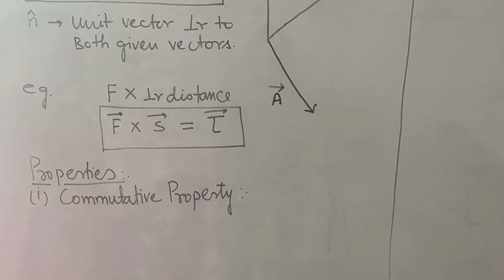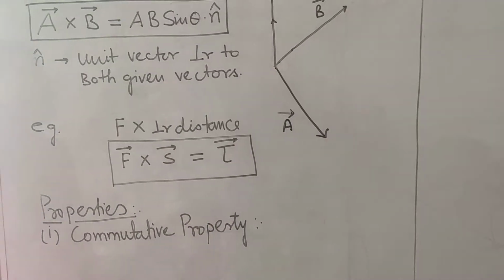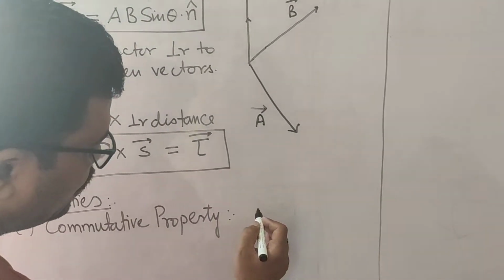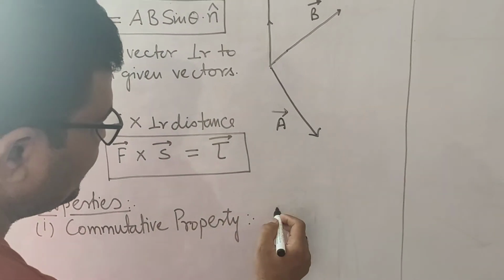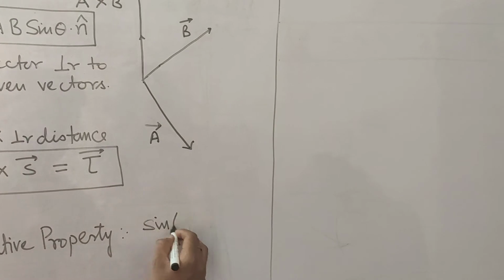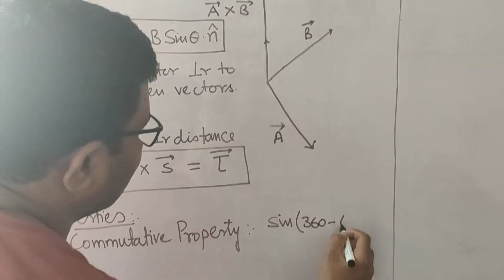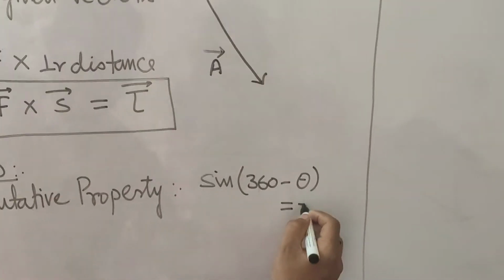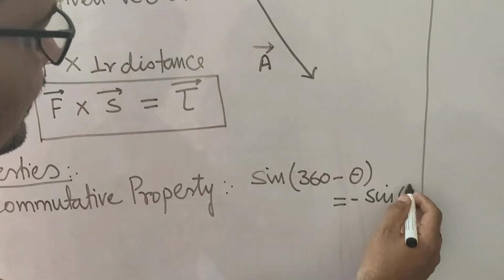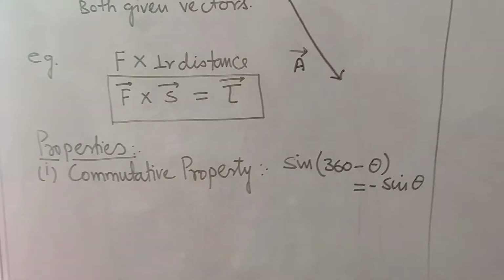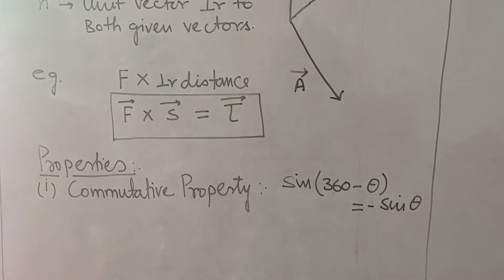That is, sine 360 minus theta is always minus sine theta. You must know this for understanding this property. Sine 360 minus theta is equals to minus sine theta. That is given in mathematics in trigonometrical part.